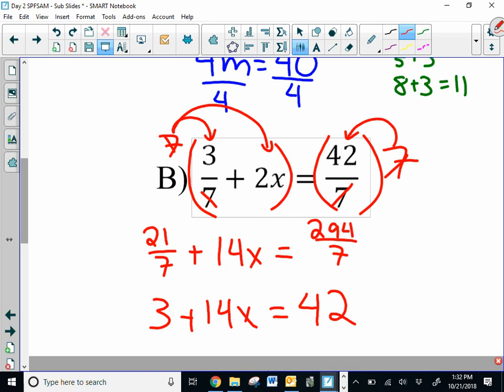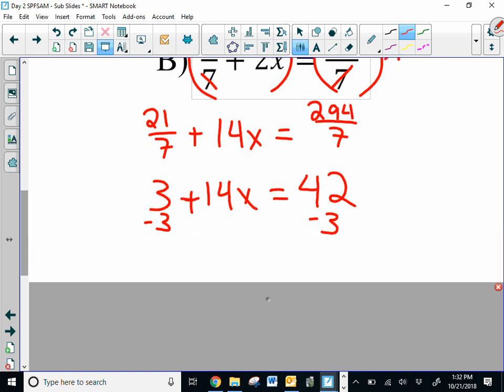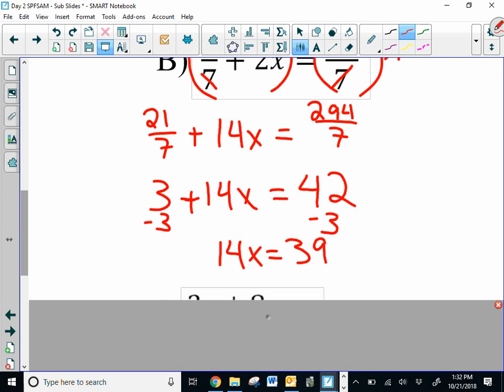And now this is, just like before, a pretty easy equation to solve. Subtract 3 from both sides, and that'll give us 14x equals 39. Divide both sides by 14.